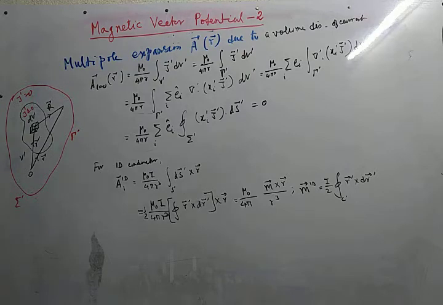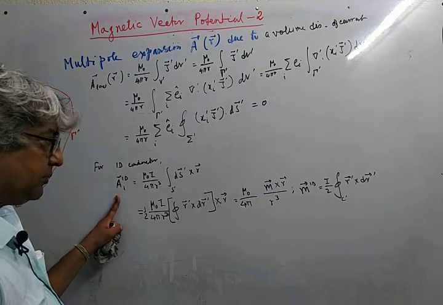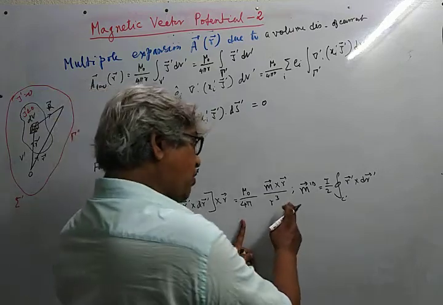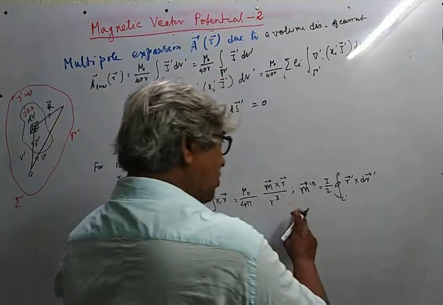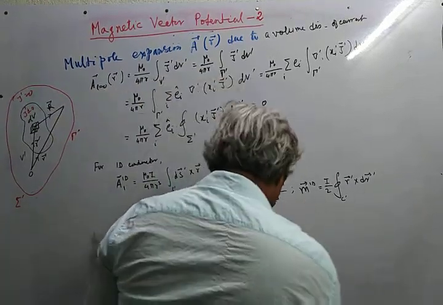The form of the vector dipole contribution remains the same for 2D and 3D conductors. Only thing is that this part changes.